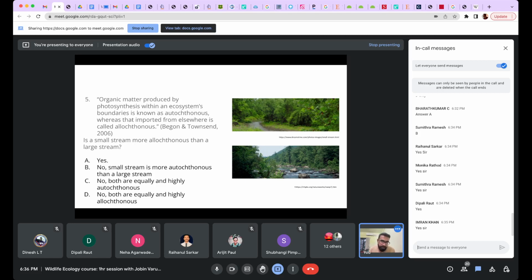Is a small stream more allochthonous than a large stream? That would mean the organic matter comes from outside more for a small stream than a large stream.